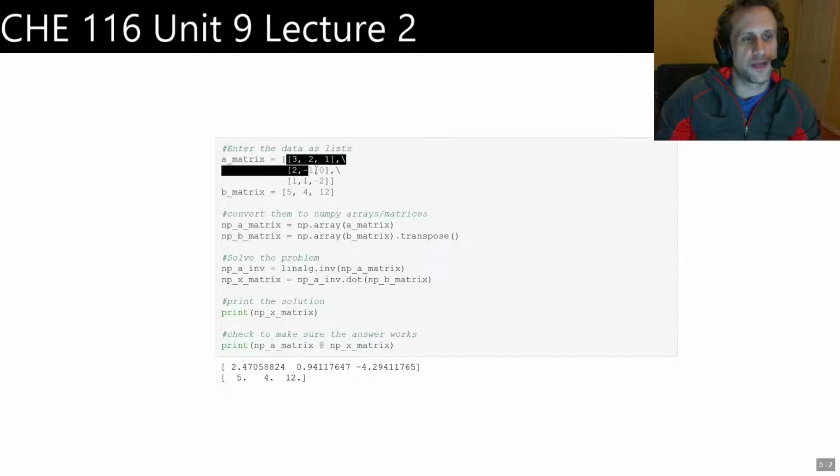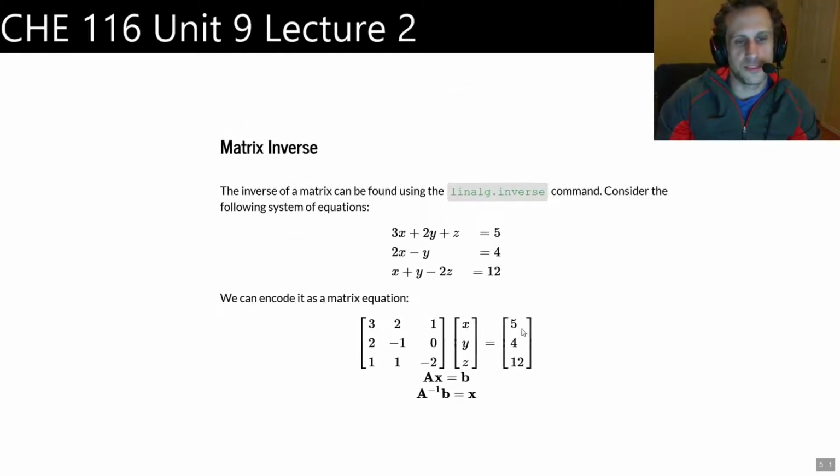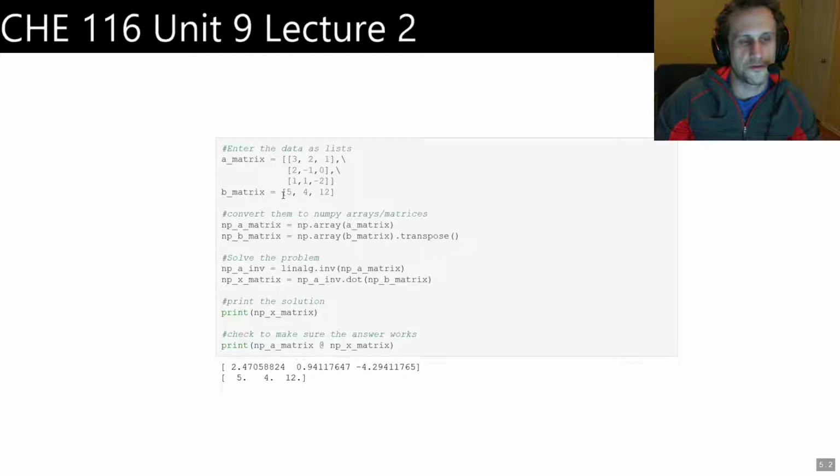So I can define my A matrix using explicit initialization. Then I can define my B matrix. Now one trick here is that remember B is a column matrix, right? It has three rows, one column. If I define this in Python as this list, I have to transpose it. When I create the A matrix, that's fine.